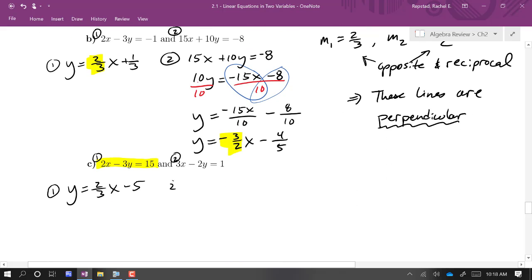And for the second line, we'll go ahead and solve that for y. If I subtract 3x from both sides, we get negative 2y equals negative 3x plus 1. We'll divide both sides by negative 2.